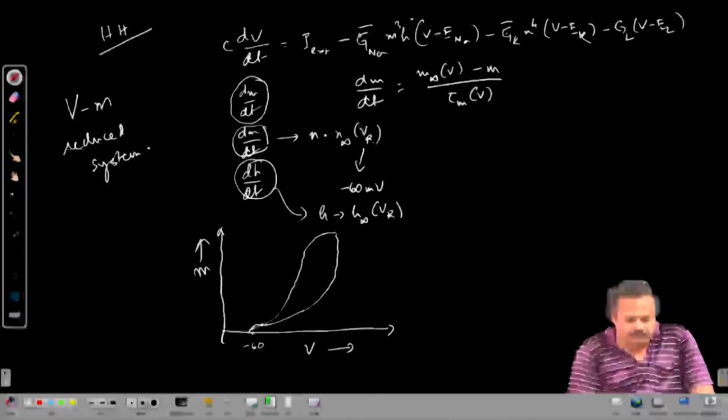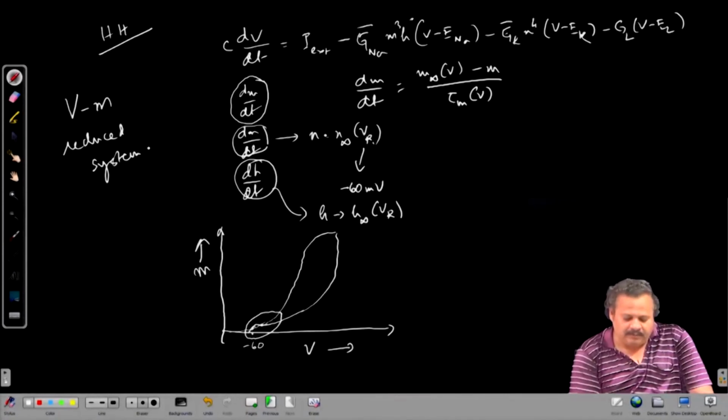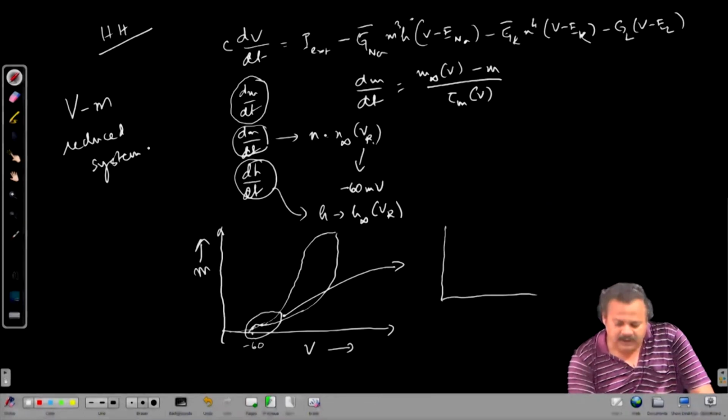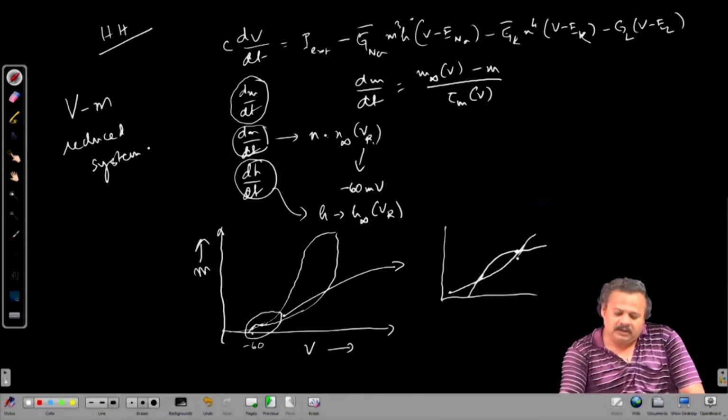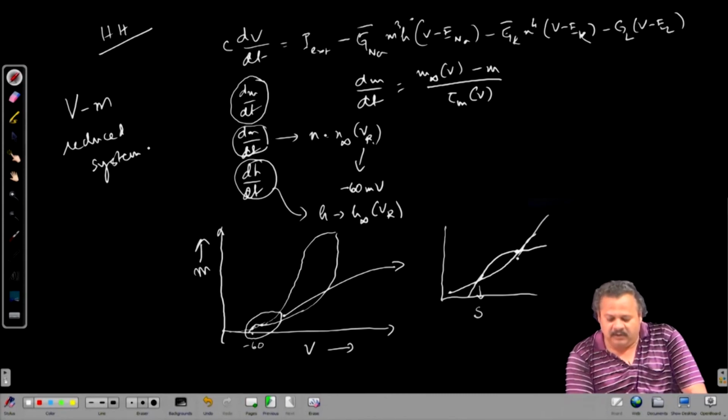This region needs to be blown up here, and what we essentially have is two equilibrium points, created by the intersection of the V null line and the m null line. One is the stable one at minus 60 millivolts.